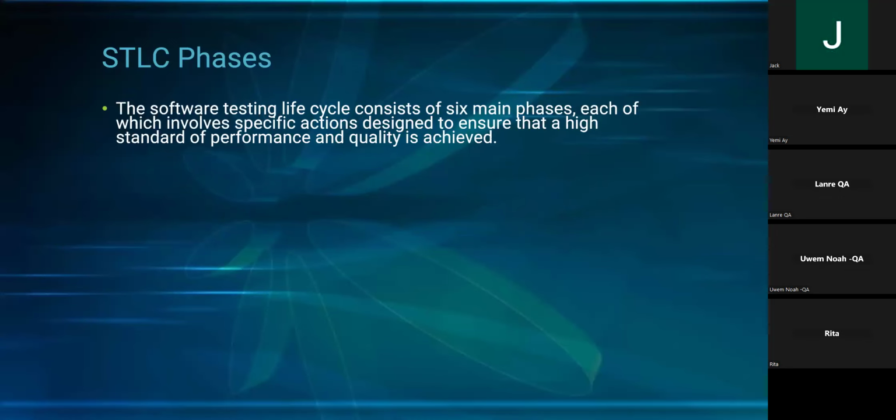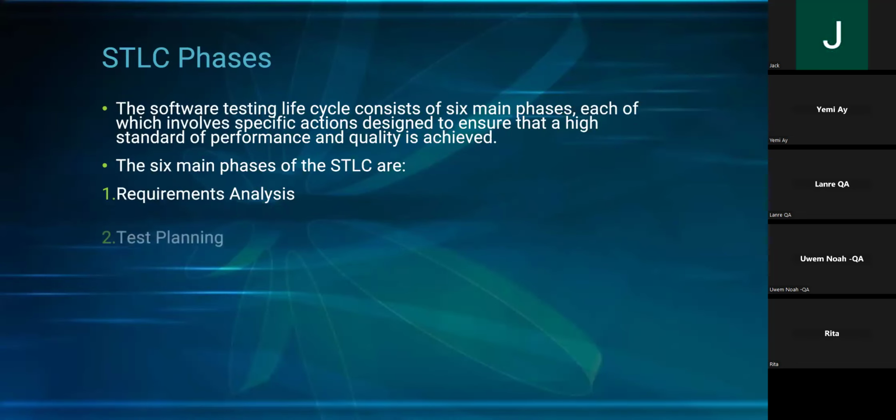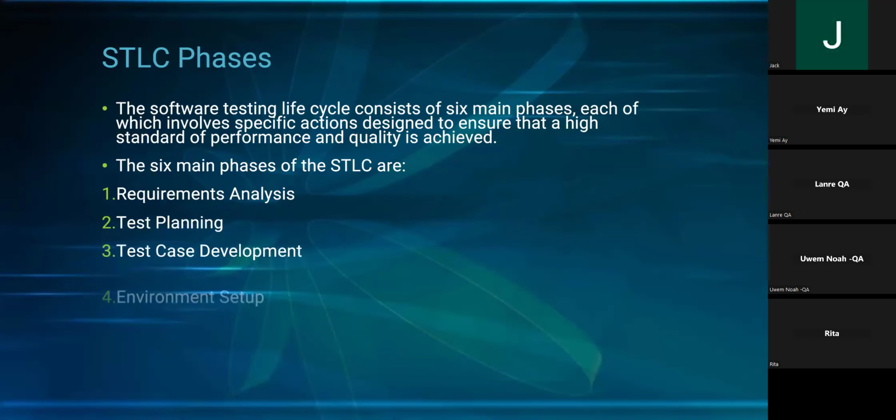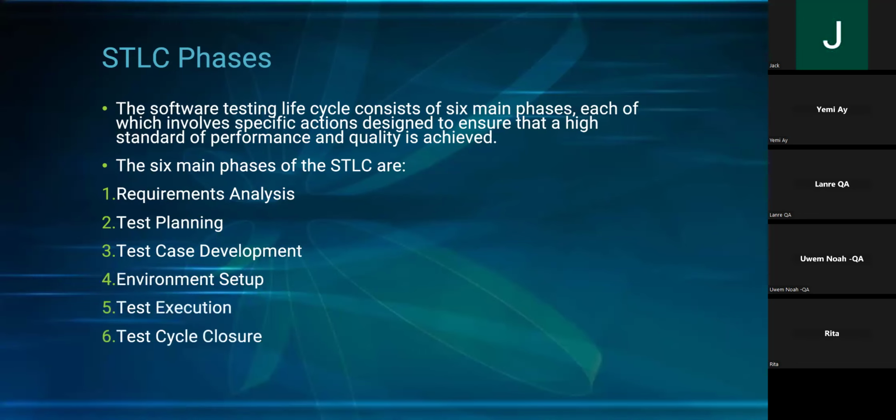The software testing lifecycle consists of 6 main phases, each of which includes specific actions designed to ensure that a high standard of performance and quality is achieved. These are the 6 phases. Number 1, requirement gathering analysis, test planning, test case development, environment setup, test execution, test cycle closure.